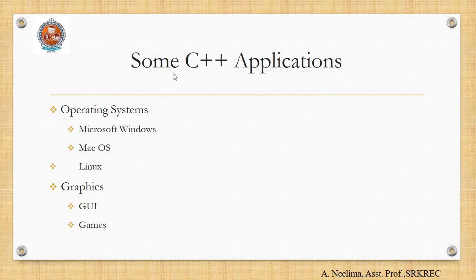And next, some of the C++ applications. Operating systems like Microsoft Windows, Mac OS, and Linux are developed using C++. Most of the games are developed using C++. C++ is also used for graphical user interfaces.